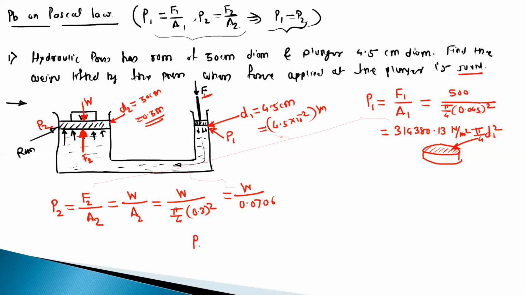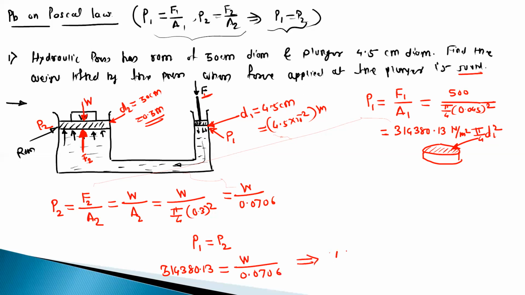We know that the pressure intensity is the same. So P1 is equal to P2. So from this we can write, we have the equation for P1, which is 314380.13, and this is equal to P2, which is equal to W upon 0.0706.